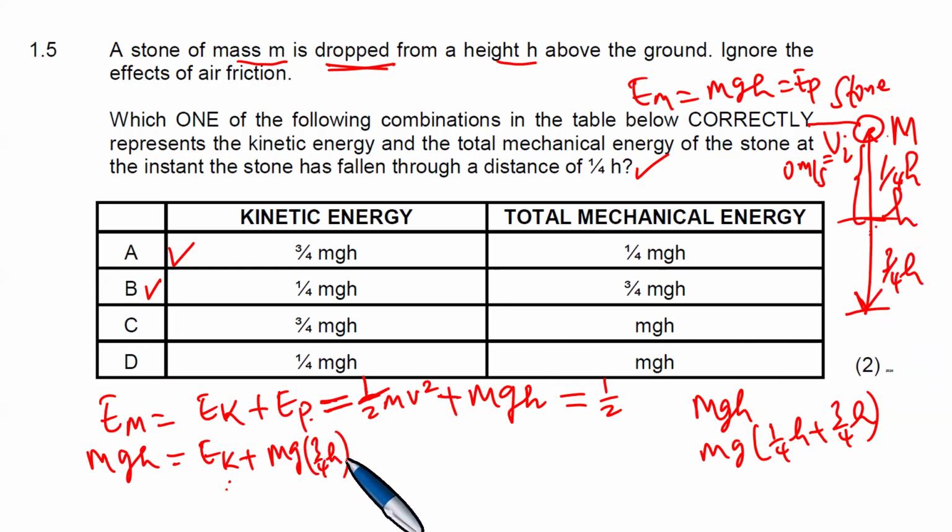Because then we can determine the potential energy, so it's 3/4. If you then say 1 minus 3/4, you'll see that the kinetic energy out of this mechanical energy equation is actually 1/4 of mgh.